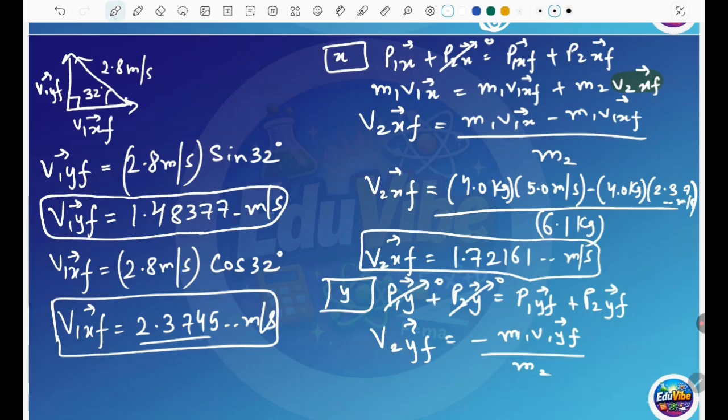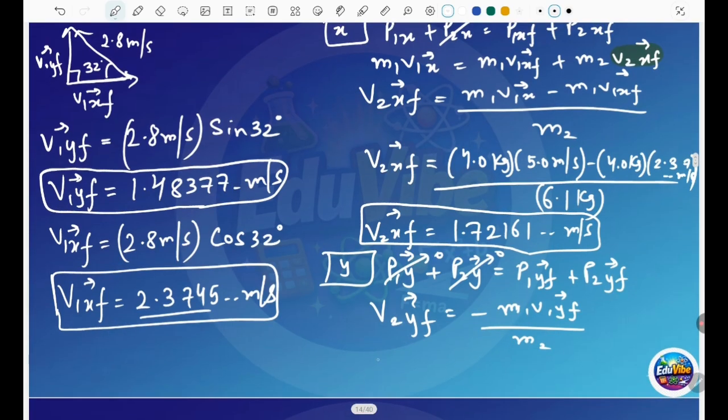I put the values in. V2y final is equal to negative, M1 is 4.0, V1y final we get from here, which is 1.48 meters per second, and M2 is 6.1 kg.